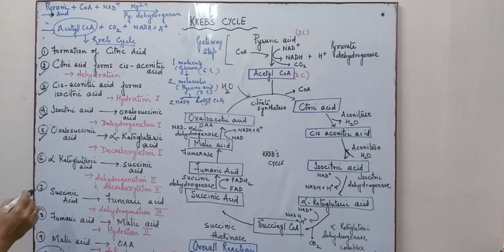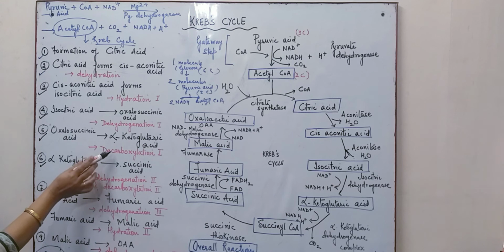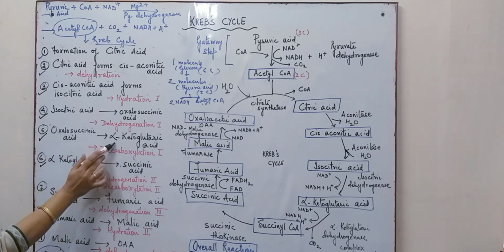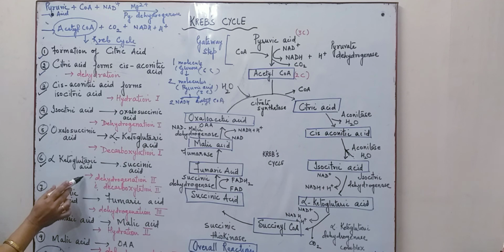Dehydrogenation 2 and decarboxylation 2, because one decarboxylation has taken place when oxalosuccinic acid got converted into alpha ketoglutaric acid. So here the first removal of carbon dioxide has taken place, and when alpha ketoglutaric acid changes into succinic acid, it again undergoes dehydrogenation and decarboxylation.